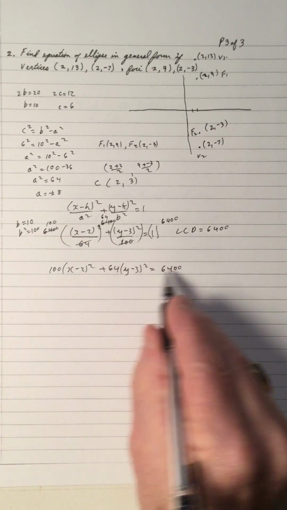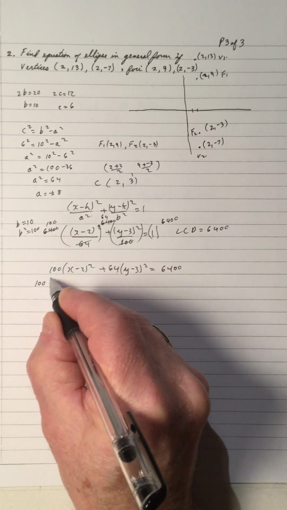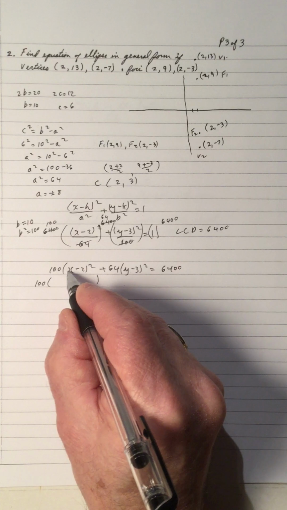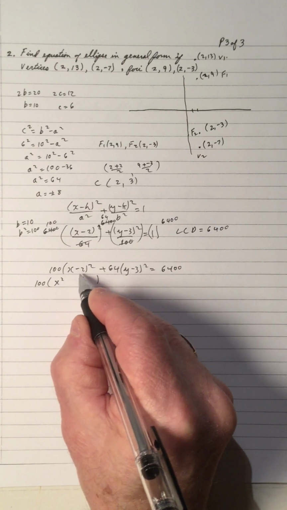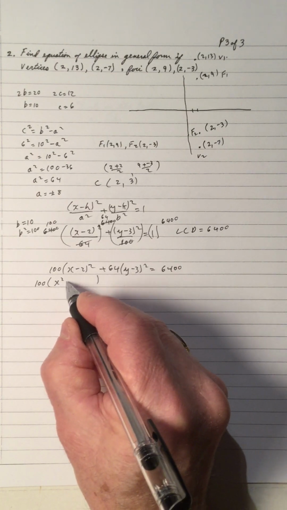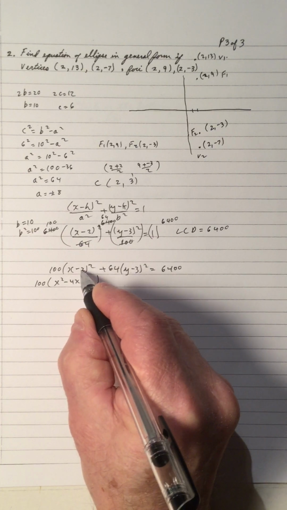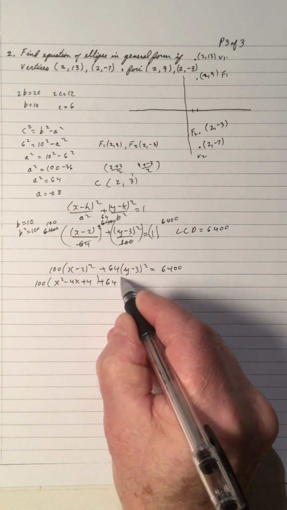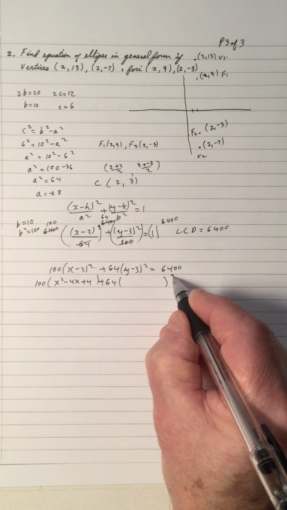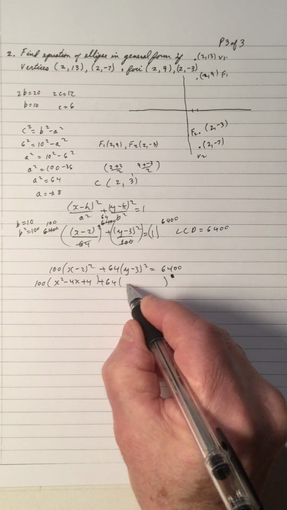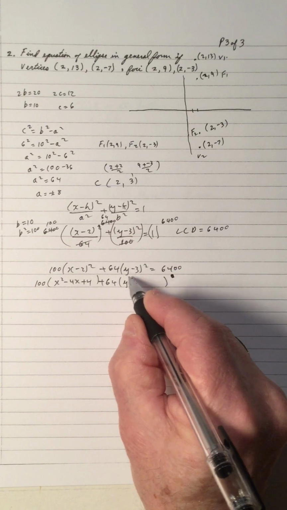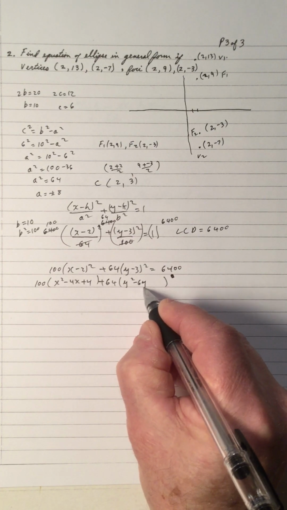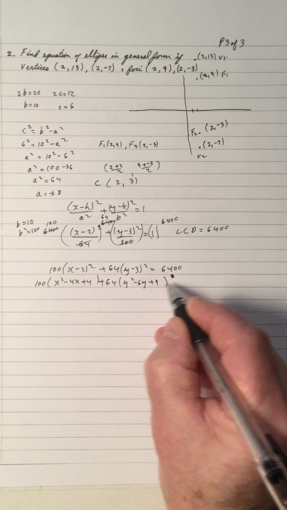We'll do PEMDAS. We have to square first, so we take the binomial and square it, so it's x squared, the product is negative 2 doubled, negative 4x, negative 2 squared is 4. Then we square this binomial, so it's y squared, the product is negative 3 doubled, negative 6y, negative 3 squared is 9.